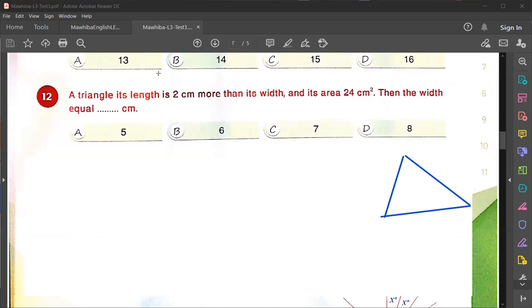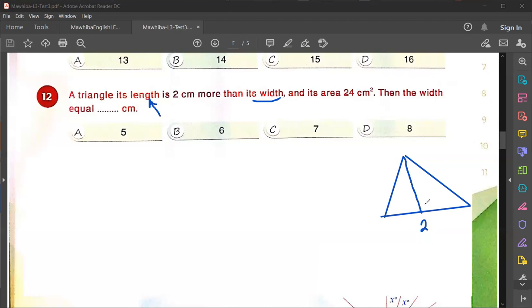No, not length, I think base. Here, the base is 2 centimeters more. And the height, not width, the height is more than the base by 2 centimeters. Sorry. Now the base is x.